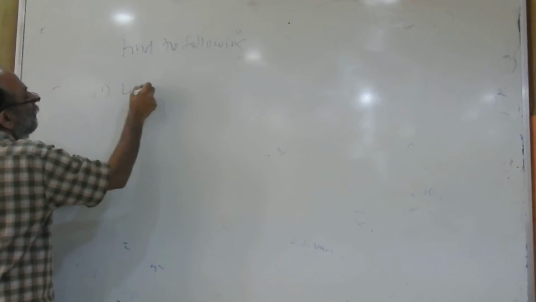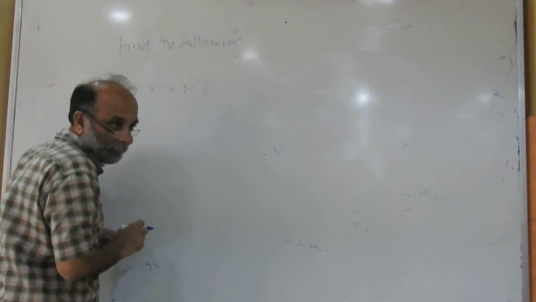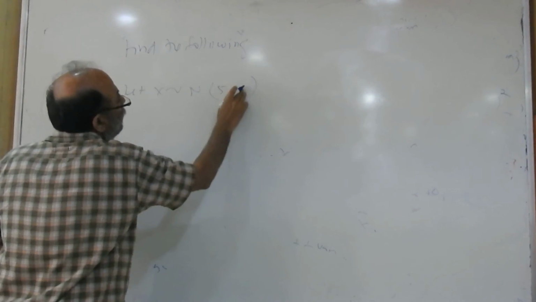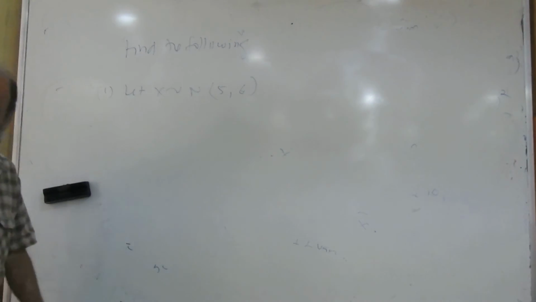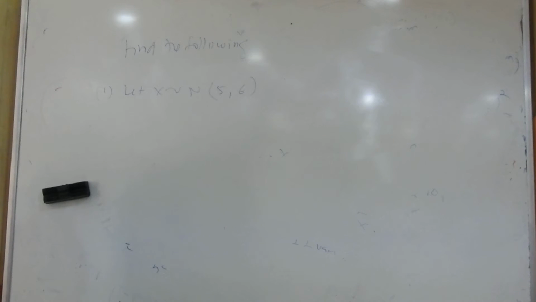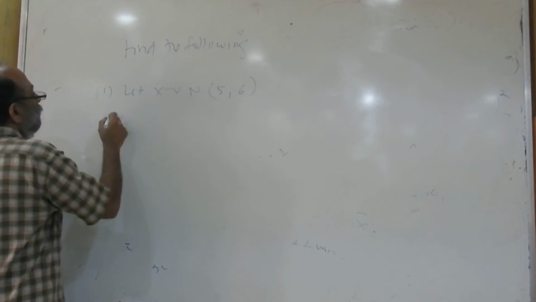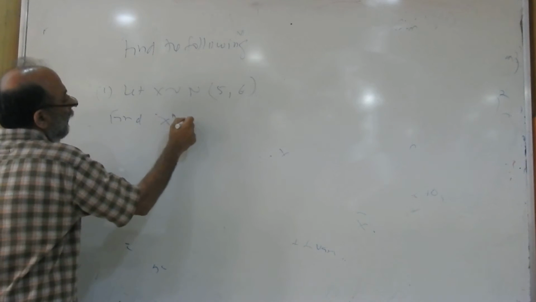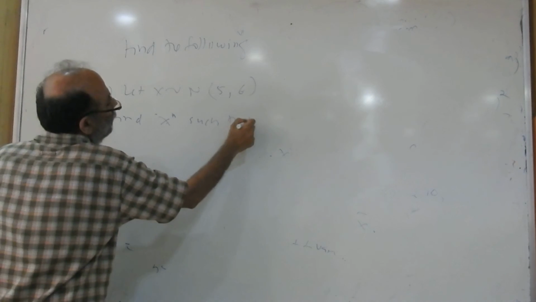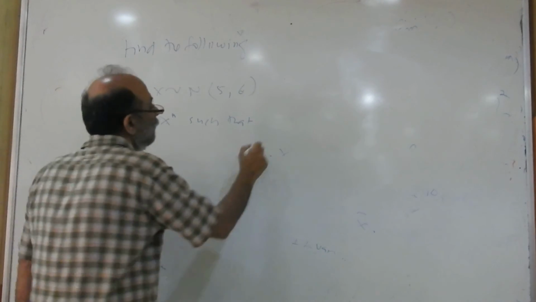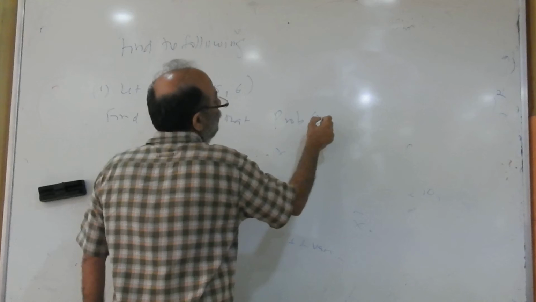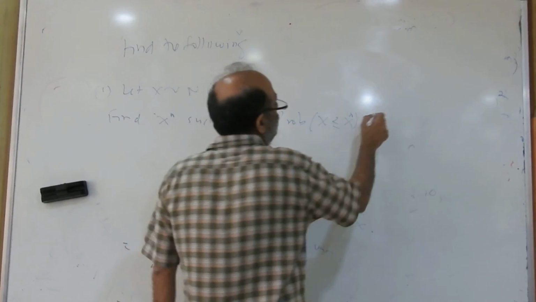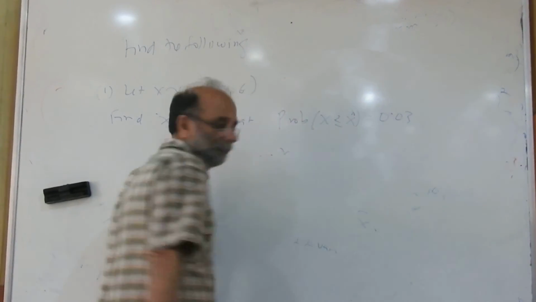One, let X be normally distributed with mean 5 and say standard deviation 6. Yeah? Find X star such that the probability X less than or equal to X star is equal to 0.03.